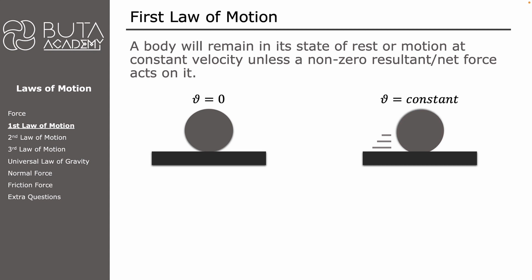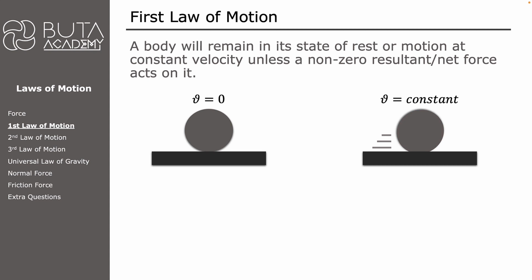This is because it is impossible to get an object without any force acting on it. Later in this topic, we will learn that every particle or body in the universe attracts every other particle or body, which means an object will always experience a gravitational force, even if its amount is negligible.